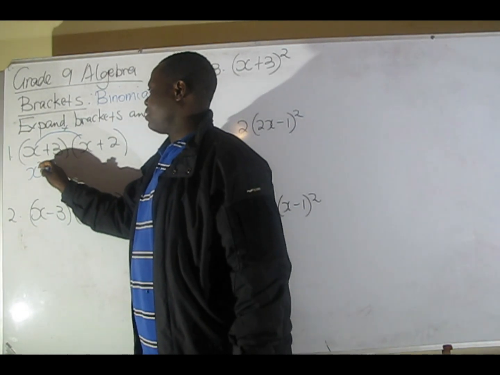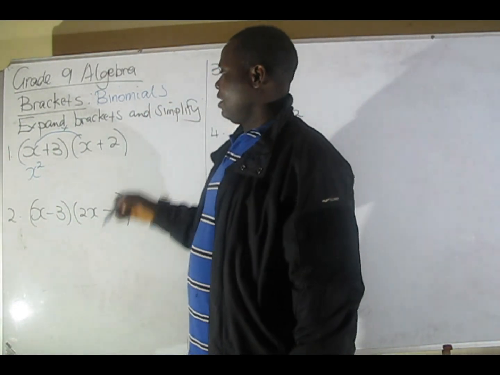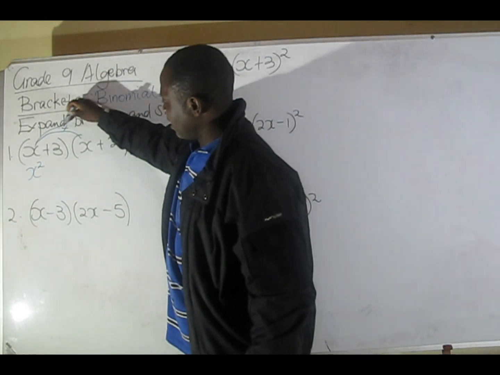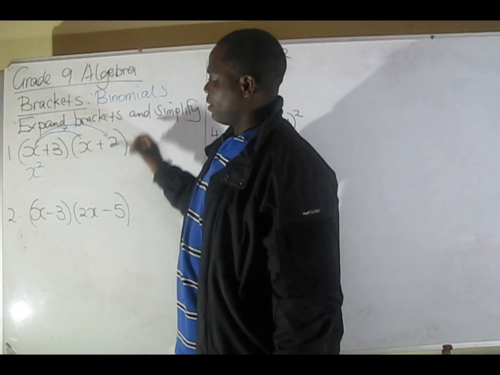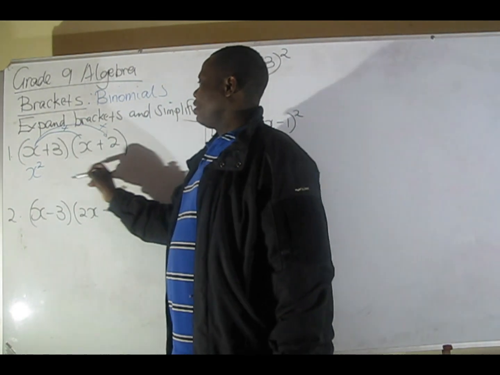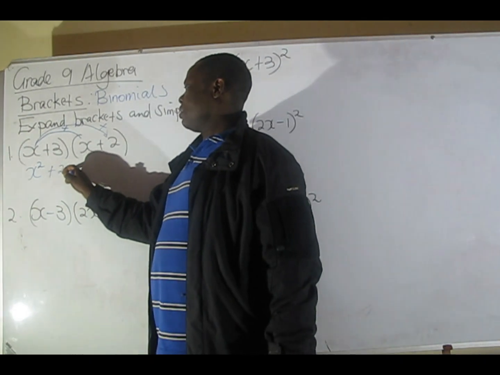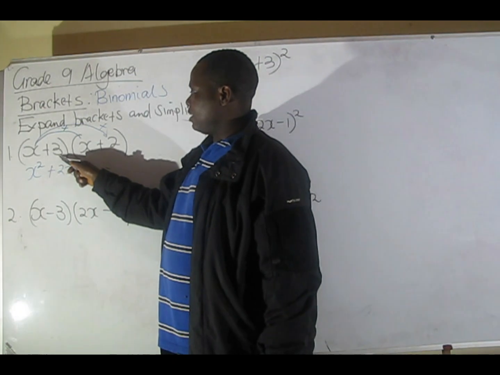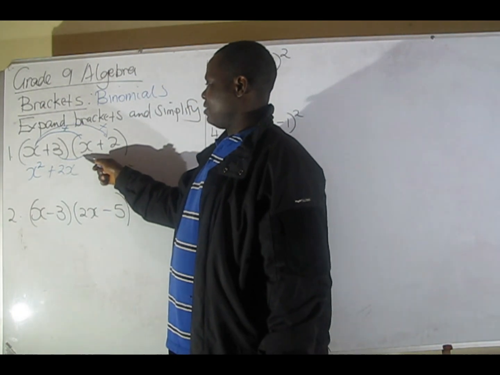So x times x is equal to x squared. Then the first term in the first bracket will multiply the second term in the next bracket. That means x multiplied by 2, and write the answer down. The answer is 2x.